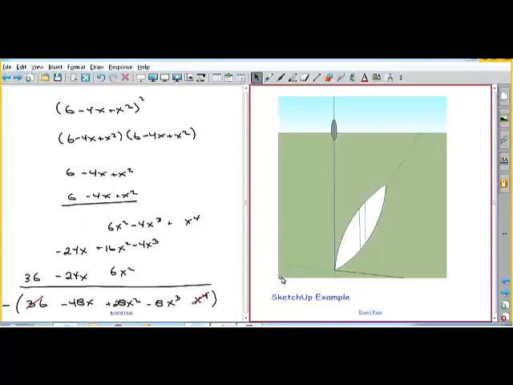What I'm going to do is, I think I have a link here. Here's my SketchUp example. Let me close the other one, and I'll open that up for you, just so you can see what this thing looks like.